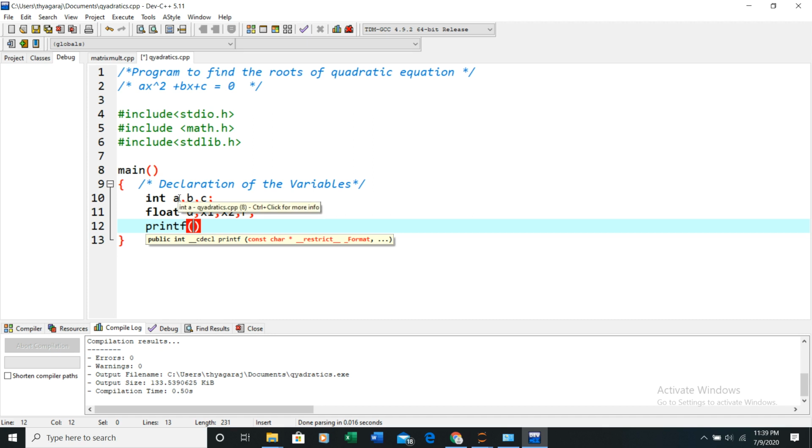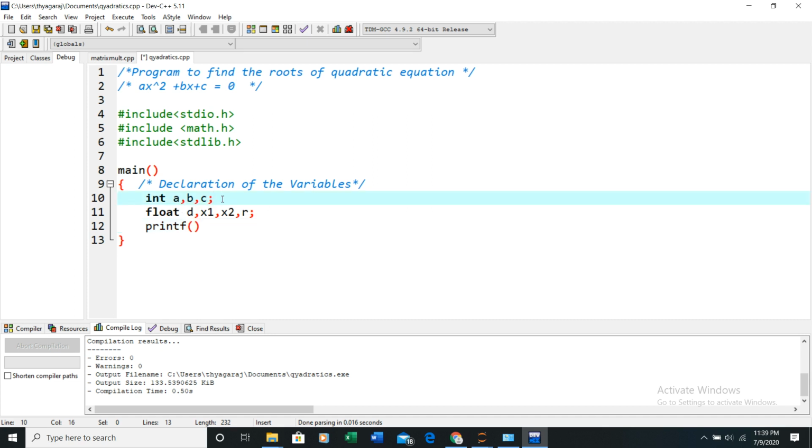Here a, b, c are required for the coefficients. We are taking integer coefficients, so you have to remember that they are integer coefficients.